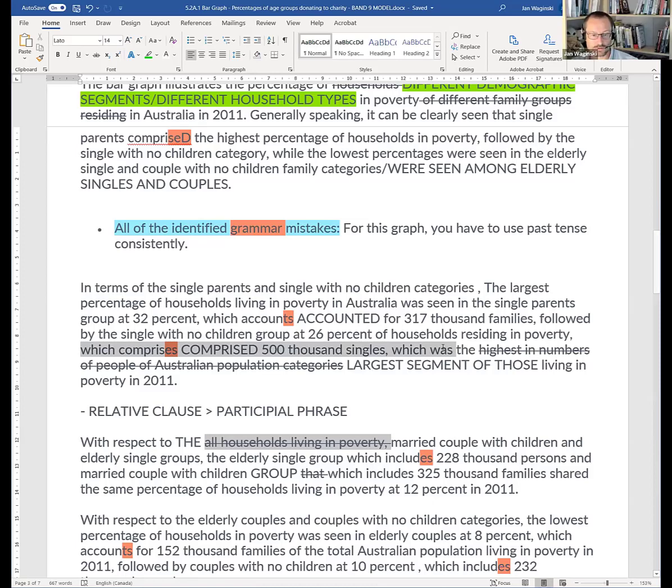But to introduce some variety, we want to change, let's say, this one to a participial phrase. How would you do it? Which comprised 500,000 singles. How would you change "which comprised 500,000 singles" into a participial phrase?